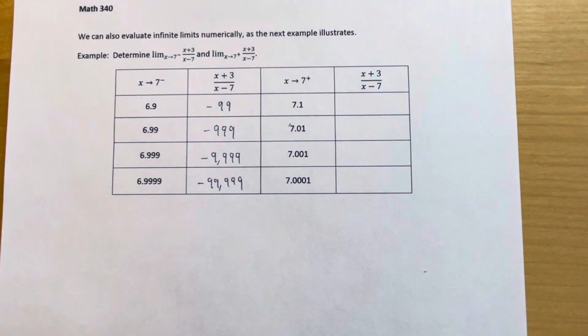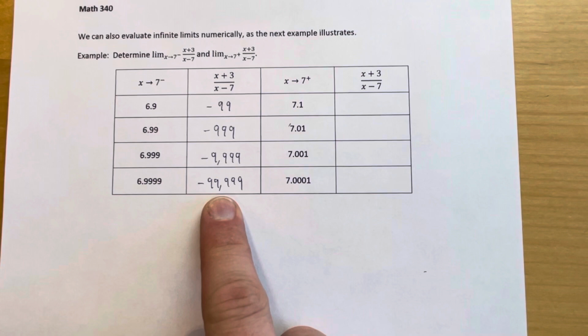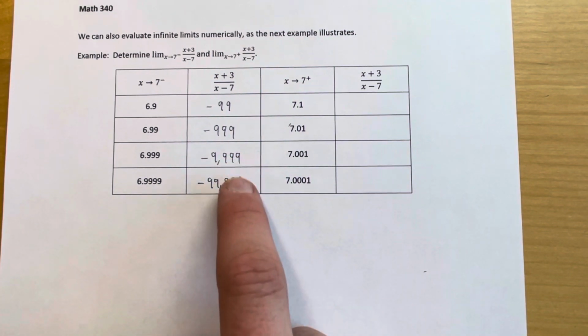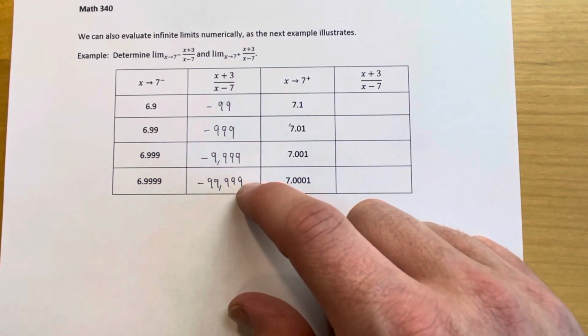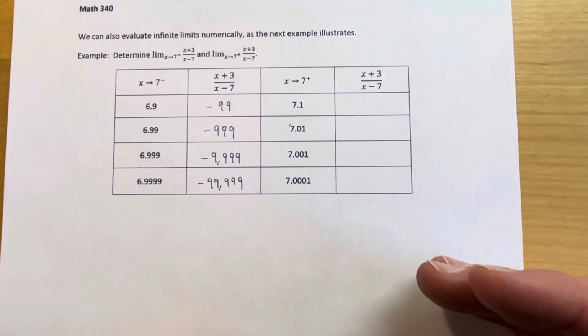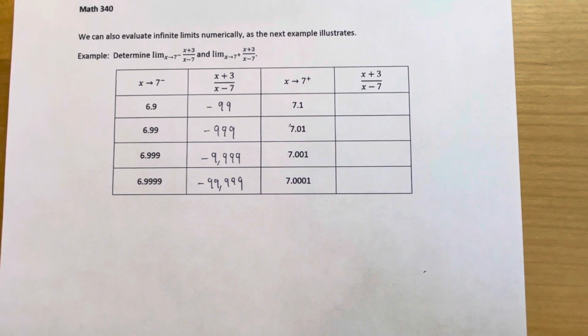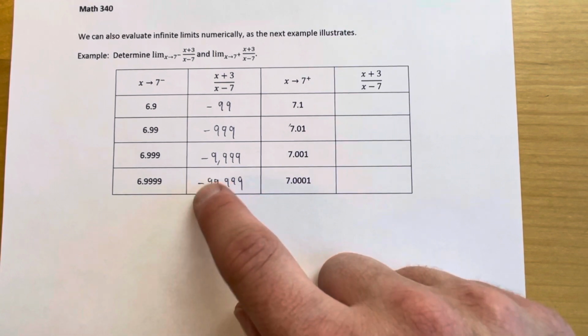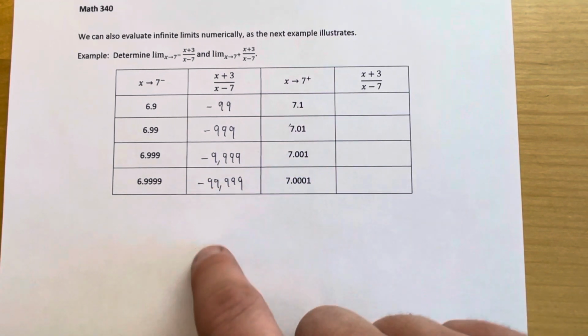And if that pattern continued, this would not be approaching anything finite. Each step that I go down in this column, the number appears to be getting larger by another factor of 10 pretty much. So it's getting very, sorry, I said larger. I should be saying smaller because these are all negative. So this is getting more and more negative.